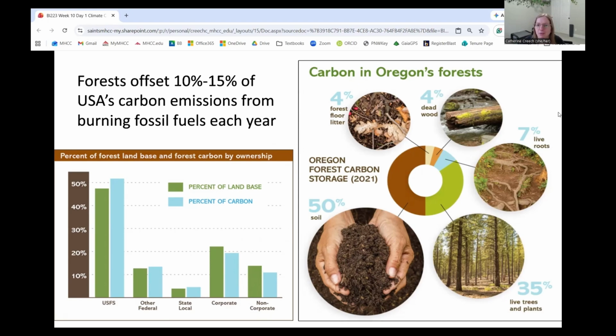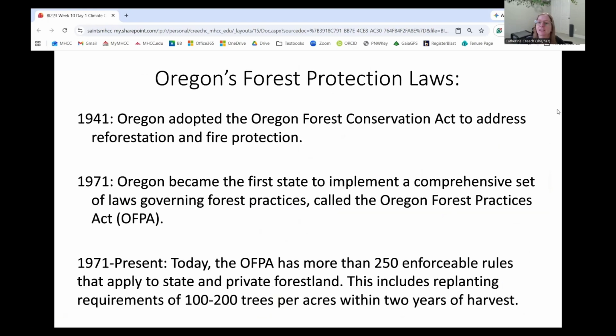Now, what does Oregon have in place to maintain our forests? Let me give you a brief history of Oregon's forest protection laws. In 1941, Oregon adopted the Oregon Forest Conservation Act, and it was designed to address reforestation and fire protection. Then in 1971, Oregon became the first state to implement a comprehensive set of laws governing forest practices.